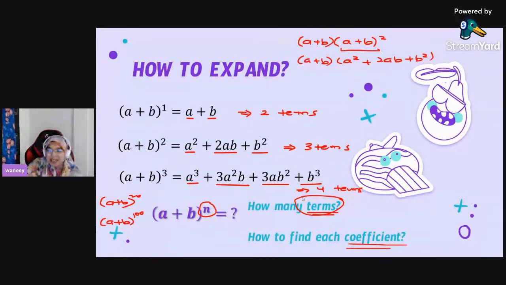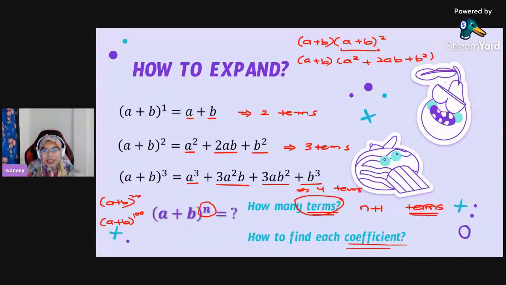Yes, Faiza, you're the first one and you got it right. It's supposed to be n plus 1. We should always add 1 to the value of n. That will be the number of terms. No, Adam, it's not n terms, but n plus 1 terms.